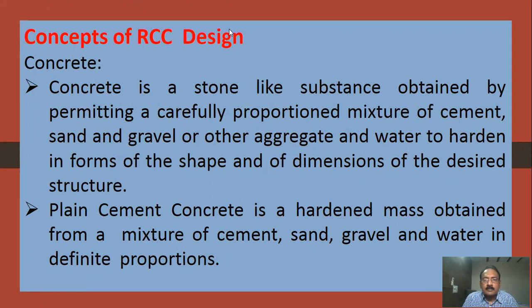In structural planning, what we discussed: first one is soil, you have to study soil properties. Next one is column position. Third one is beams position. Fourth one is slabs. And the concept of RCC design I will explain in the next video. Thank you all.